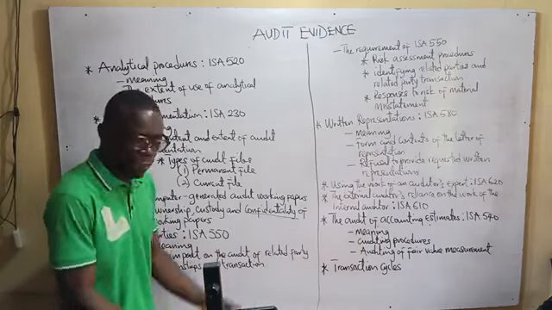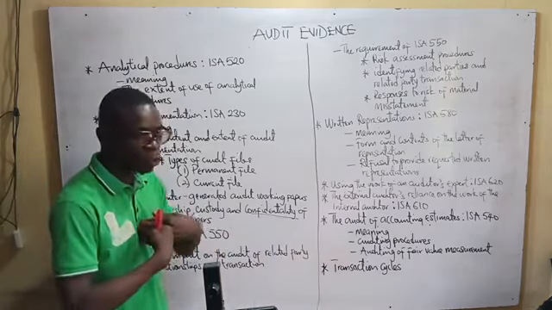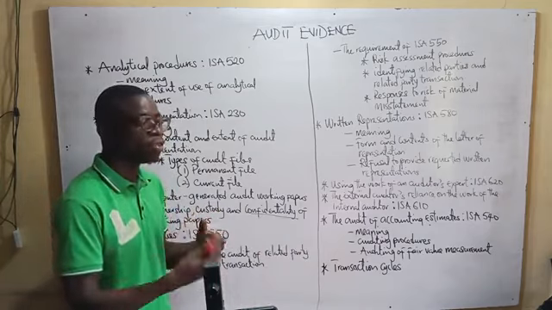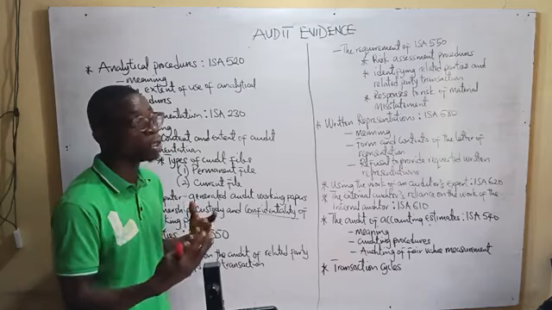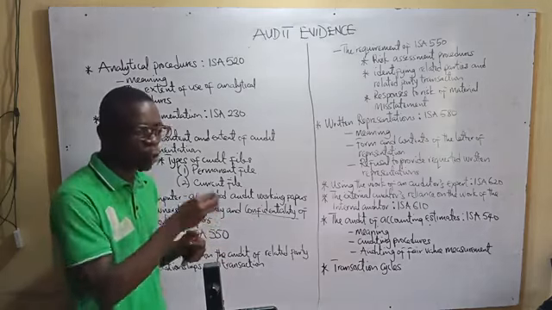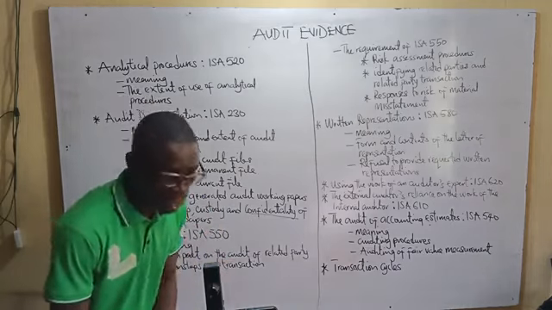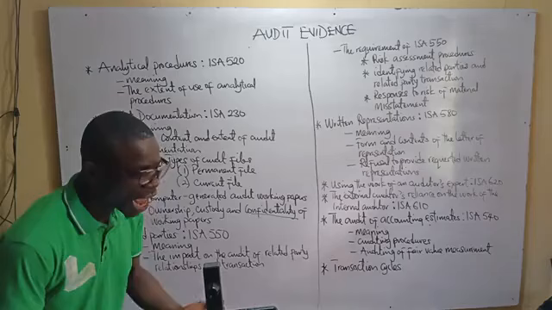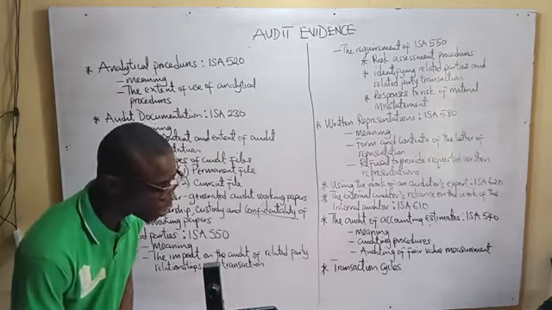That means if a company is selling one of the assets of the company to one of the directors, now, if that asset has commercial substance, will it have a high risk of material misstatement in the financial statement?